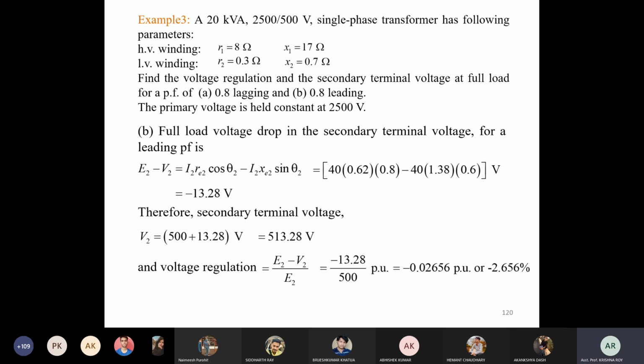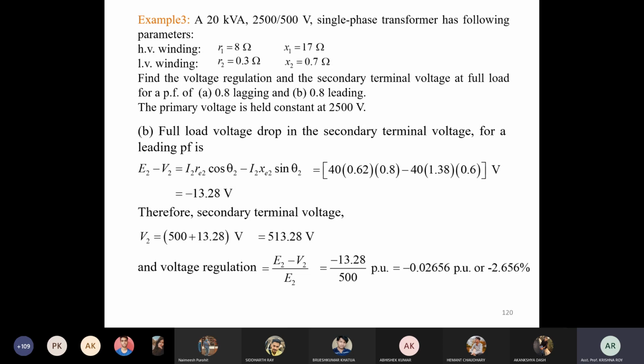Actually, a higher value of voltage regulation is undesirable. It is for both types of load. So we always try to keep the voltage regulation within a certain limit. Normally our household appliances or any appliances work on a fixed voltage, right? So we don't want the voltage which appears across the terminal to vary too much. That is why some tolerance band is given, plus minus 5% or something like that.